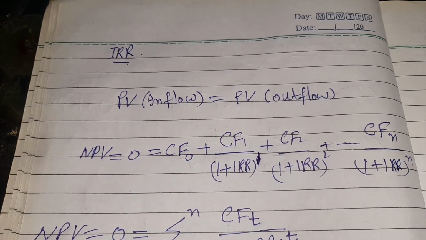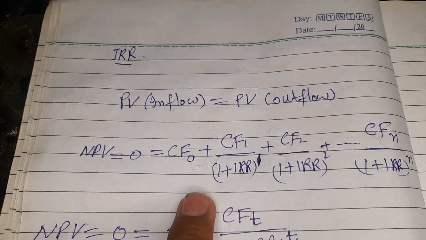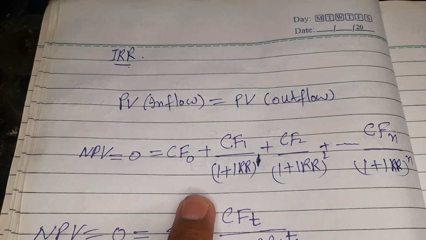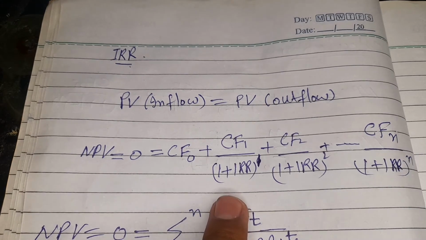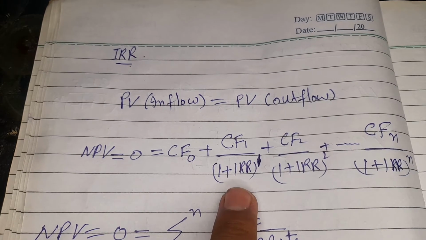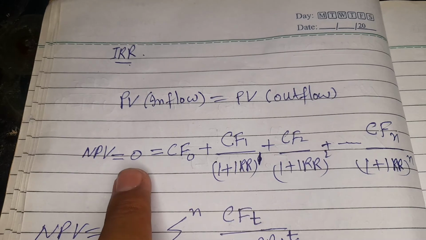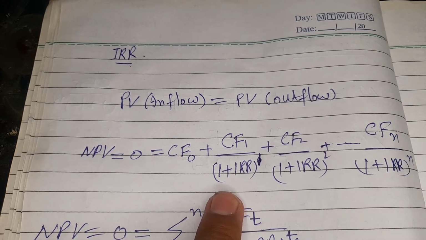Here we can calculate IRR on the basis of the hit and trial method. First we put a value around the discount rate that we have chosen, that is the minimum required rate. Then we calculate; if the NPV is greater than 0, we change the rate.